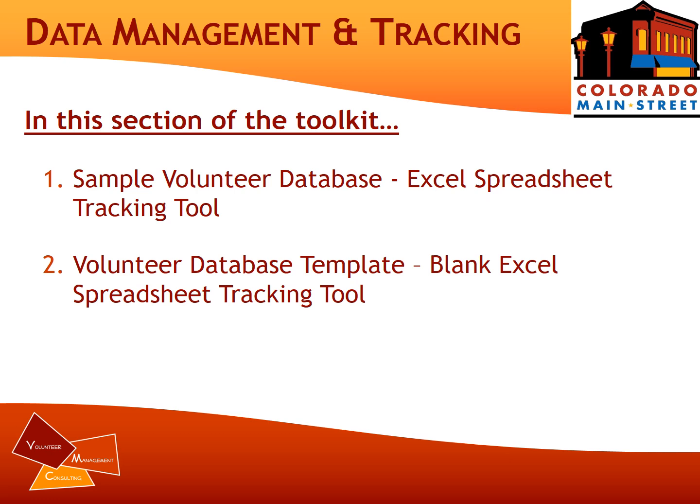The second file is the same spreadsheet with all of the formulas and functionality, but blank and ready for you to start entering data without having to delete the dummy data and risking deleting some of the formulas.